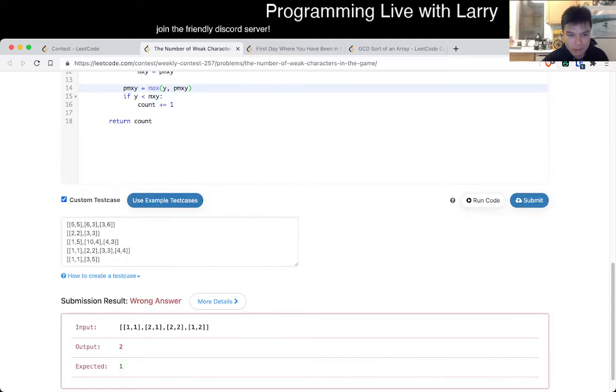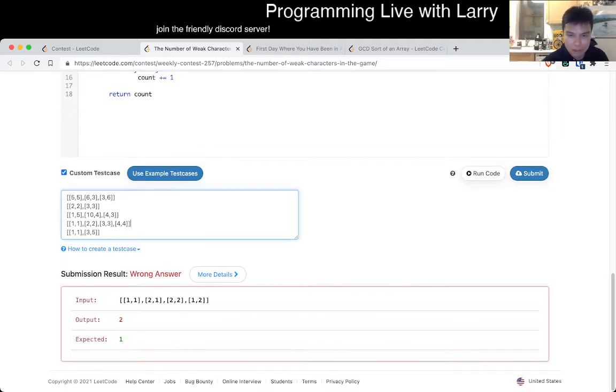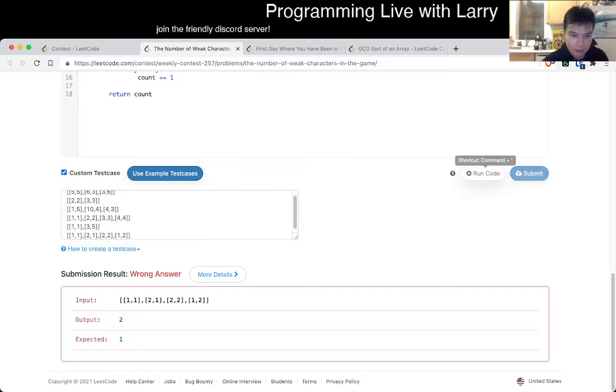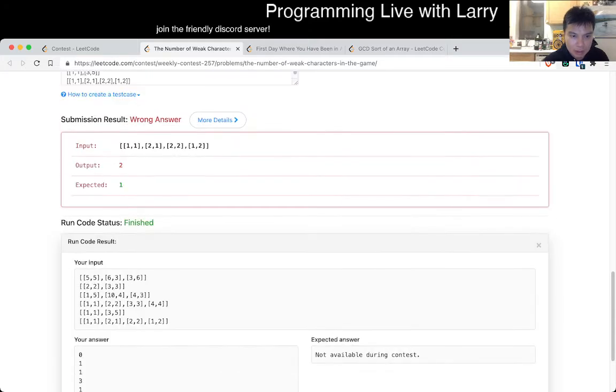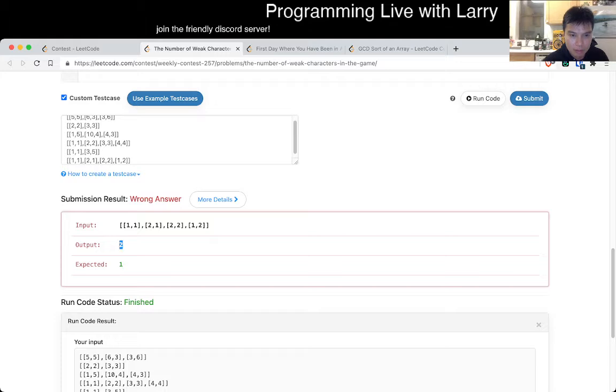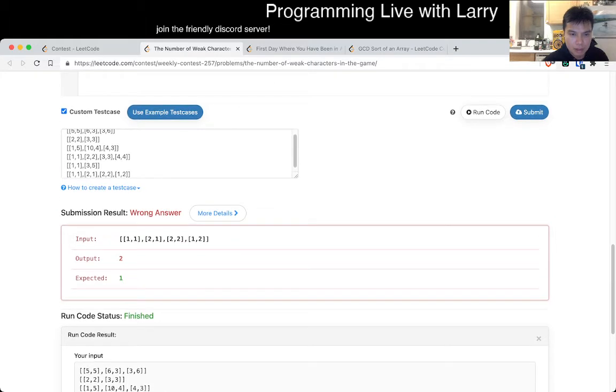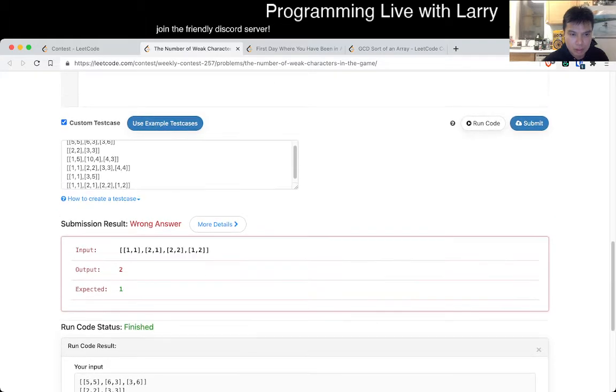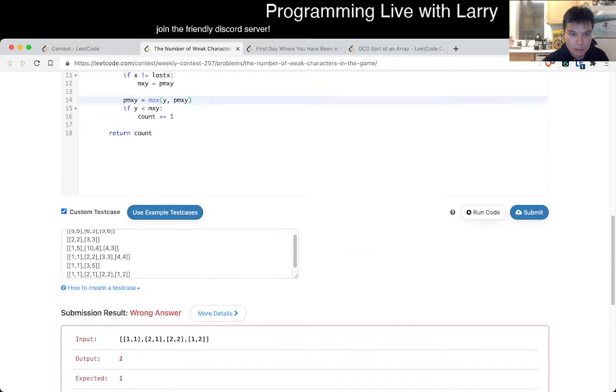Oof, I wasn't confident about this one, mostly because of the tie-breaking cases. But okay. This one is 2 because I have... why do I have 2? Oh, because of this thing? No, that doesn't make sense. So I do 1, 2. 1, 2 should process.